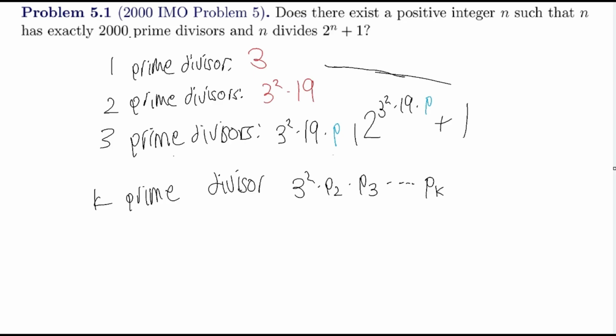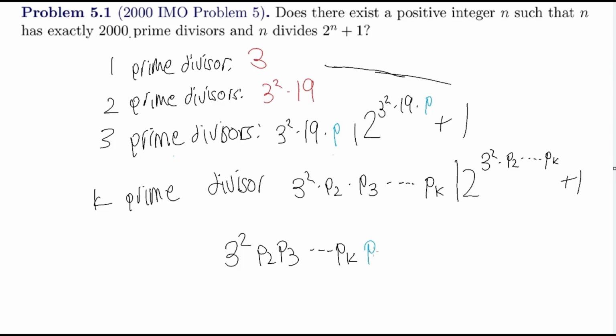And we know that this divides 2 to the 3 squared times p2 times all the way to pk plus 1. And now we want to add another prime number here, pk plus 1. It divides 2 to the 3 squared p2 all the way to pk, then pk plus 1, and then plus 1.